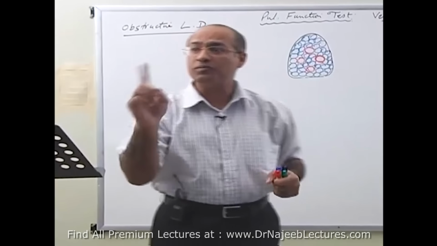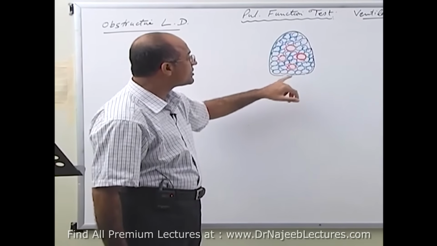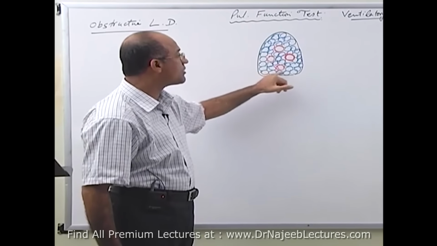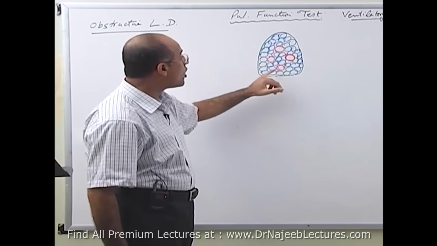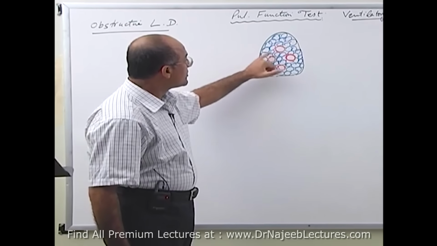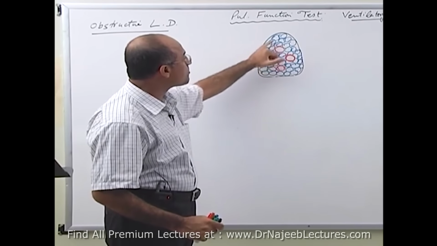Why they restrict the expansion of the lung? Very simple reason. Because in restrictive diseases, problem is with the parenchyma, and there is either inflammation in the parenchyma, or there is excessive collagen or fibrosis, or some other biological material deposition in the parenchyma.